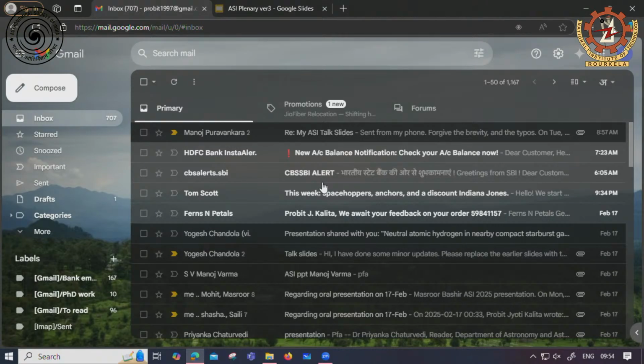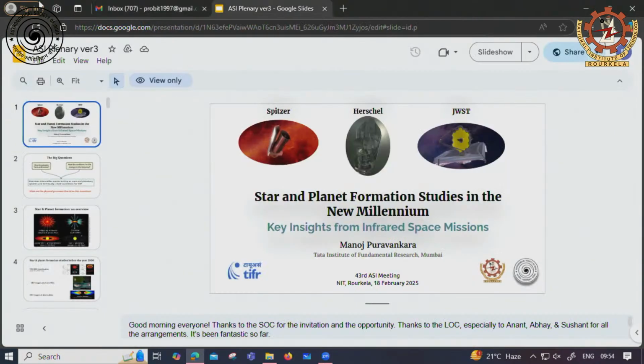Get the Google slide and reload it. Just reload it once. And go full screen.